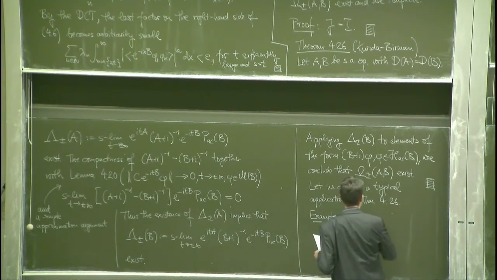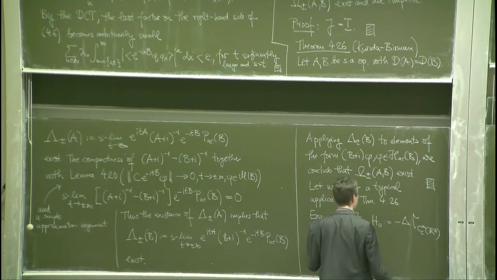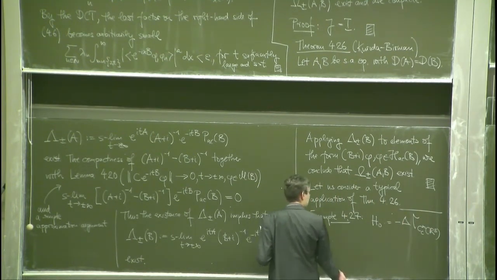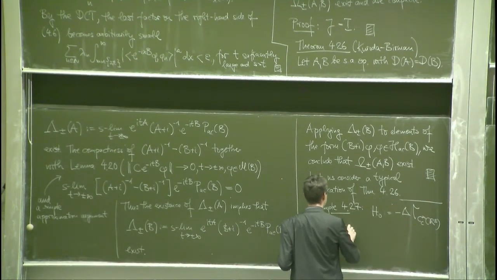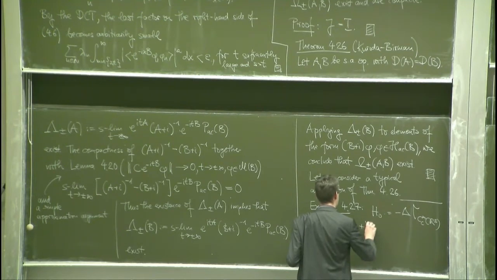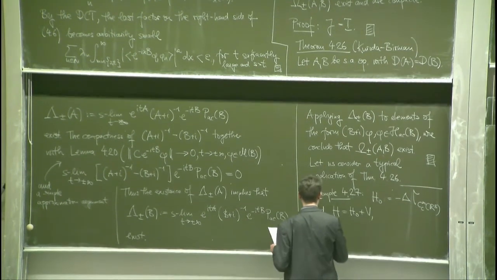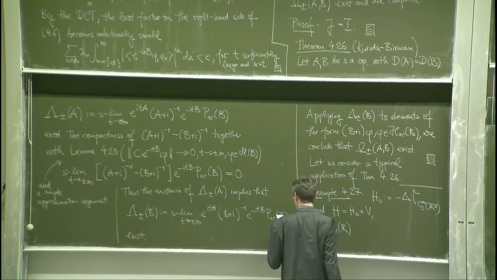Here I take H0, which is minus Laplace. I usually define it on C_c infinity, here I'm in R3, and then I take the closure, and let H be the operator H0 plus a potential V, where this potential V should be in L1 and bounded.